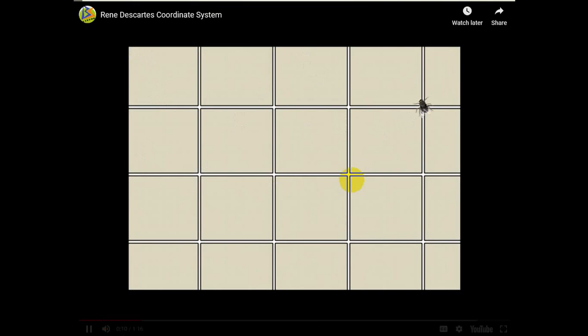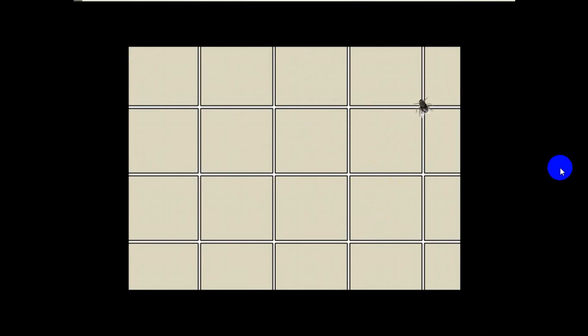He thought, looking at the squares that formed the ceiling, that if he were to have a starting point and he counted the number of squares over and the number of squares up, he could find the exact position of the fly.